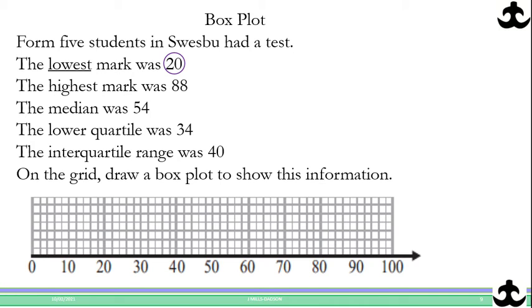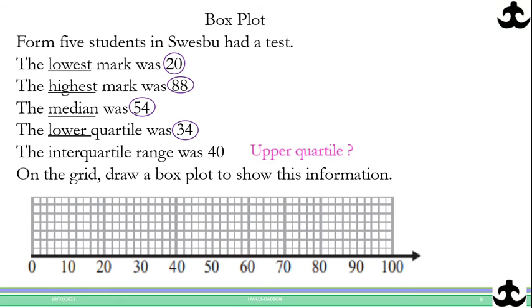We know our lowest, we know our highest, we know our median, we know our lower quartile, but we don't know our upper quartile. What we have here is interquartile range. And if you recall what I explained to you about interquartile range, is the gap between the lower quartile and the upper quartile, which is the same as upper quartile minus the lower quartile.